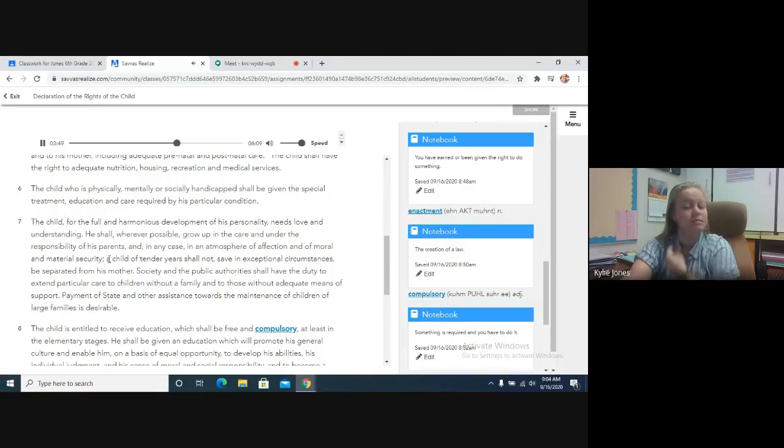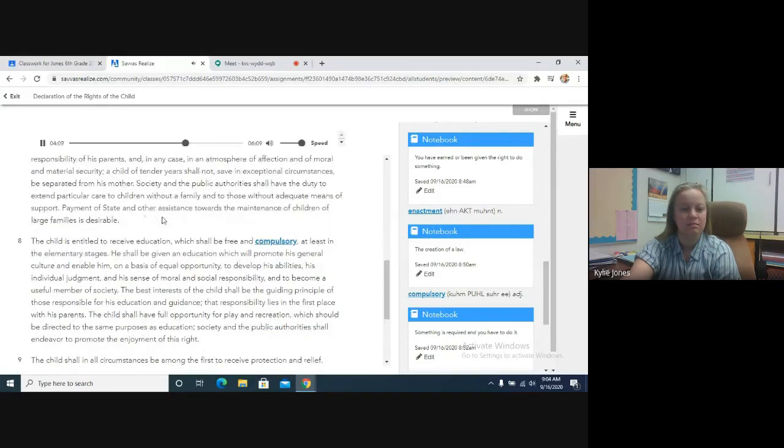A child of tender years shall not, save in exceptional circumstances, be separated from his mother. Society and the public authorities shall have the duty to extend particular care to children without a family and to those without adequate means of support. Payment of state and other assistance towards the maintenance of children of large families is desirable.